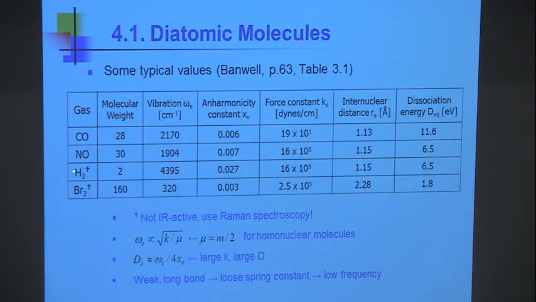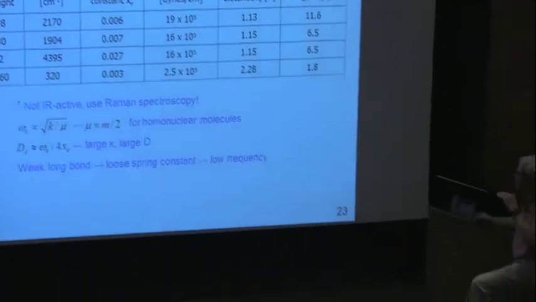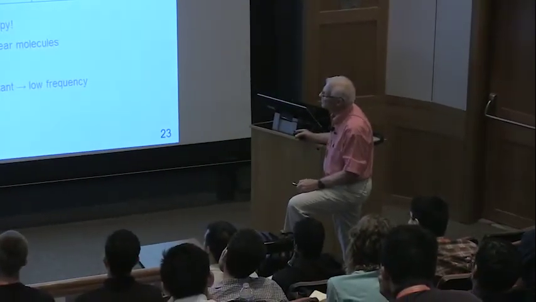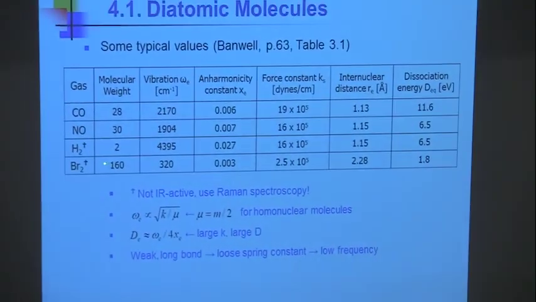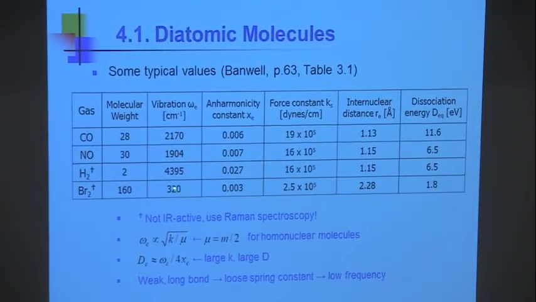Hydrogen is an interesting one. Because it's low molecular mass, it has very high vibrational frequencies. So the characteristic vibrational temperature is high, which means that oftentimes the hydrogen is mostly in V equals 0. Bromine is an example, however, which is heavy, heavy, heavy. That leads to a really low vibrational frequency.